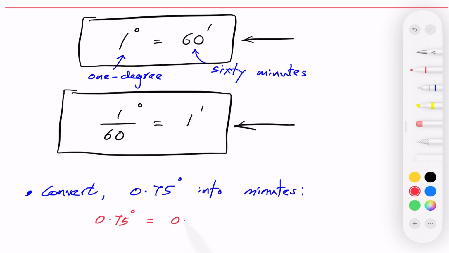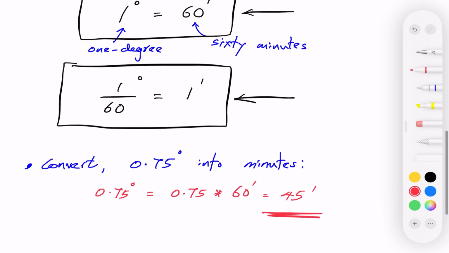Therefore, 0.75 should be multiplied by 60. The answer will be in terms of minutes. When you do that calculation, 0.75 times 60, we get 45 minutes. Which means when you convert 0.75 degrees into minutes, we have 45 minutes.